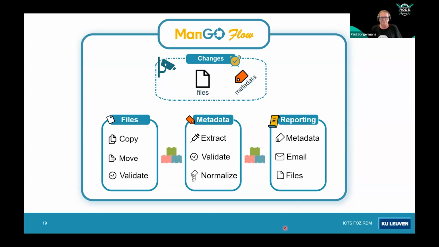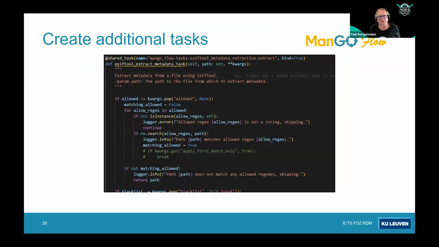Now, if these building blocks are not enough, what a skilled researcher could do is create their own tasks and submit them to us. But most of the time, it will be us who will be creating a new task. In this case, we had some requests for extracting metadata out of some special files, and we thought, okay, ExifTool can do that.